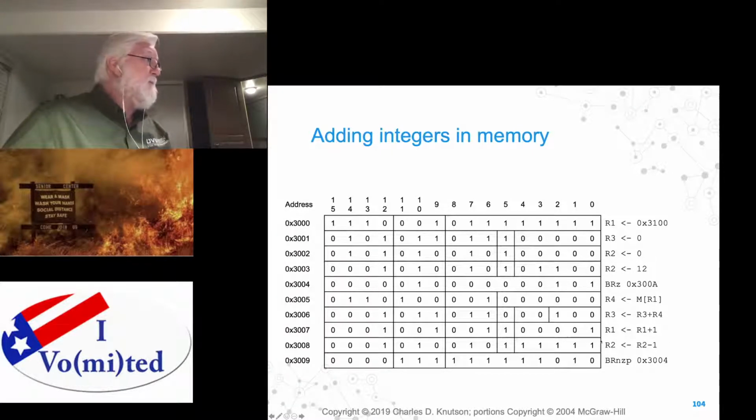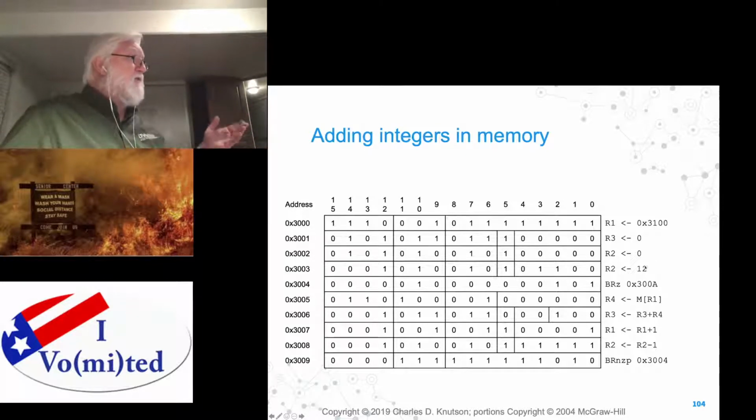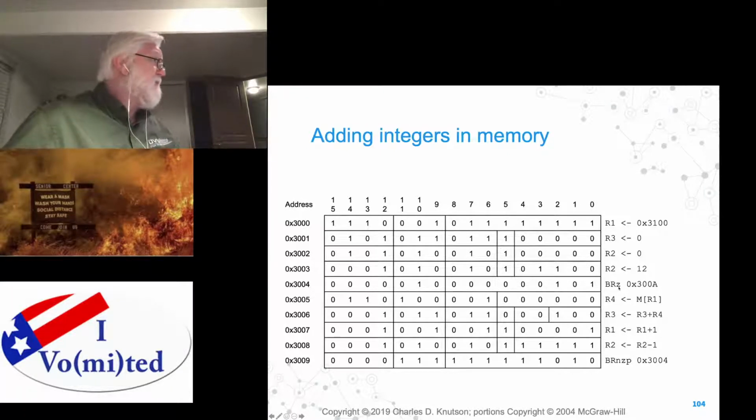Take this thing down. So then what I do is, if I'm going to drop through, let's say we first started and R2 was 12. Branch on 0? No. R2 is not 0. So we fall through. Let me back up.